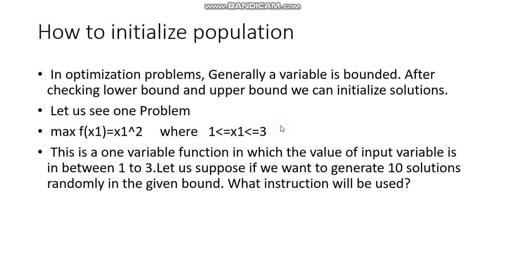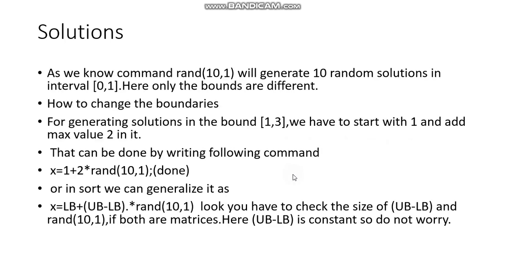Now what is the first step? We have to initialize some solutions between these boundaries. It means we have to generate some solutions which would be between 1 and 3. How can that be done? We have already seen that there is a command called rand. If you want to generate 10 solutions, each having one variable, then we can write rand(10,1).